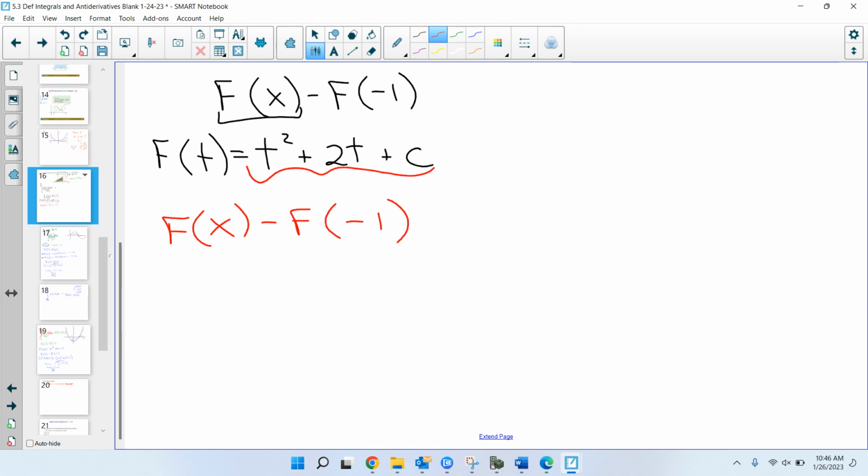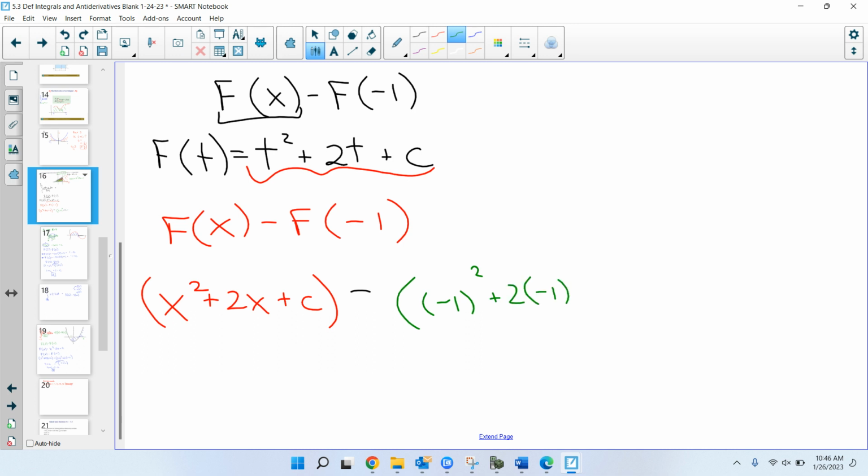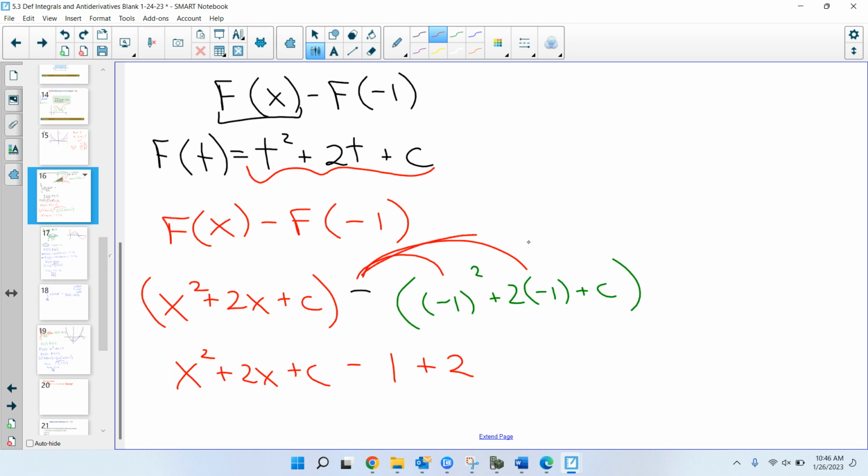Plug in x. X squared plus 2x plus a constant, minus -1 squared plus 2 times -1 plus a constant. X squared plus 2x plus a constant minus 1 plus 2 minus c.